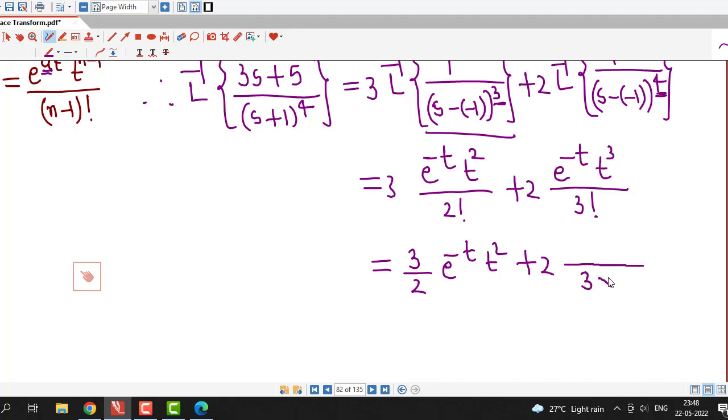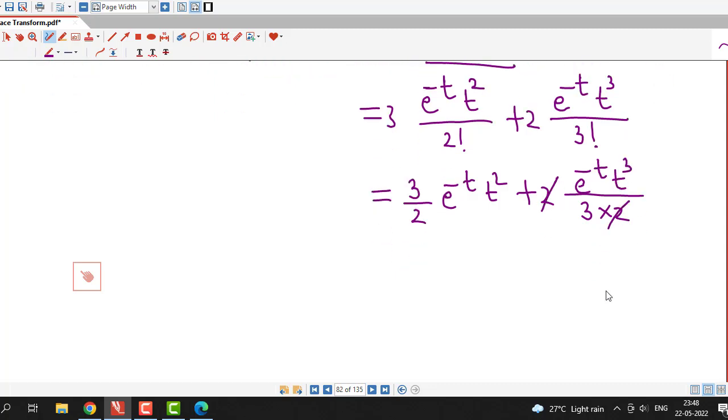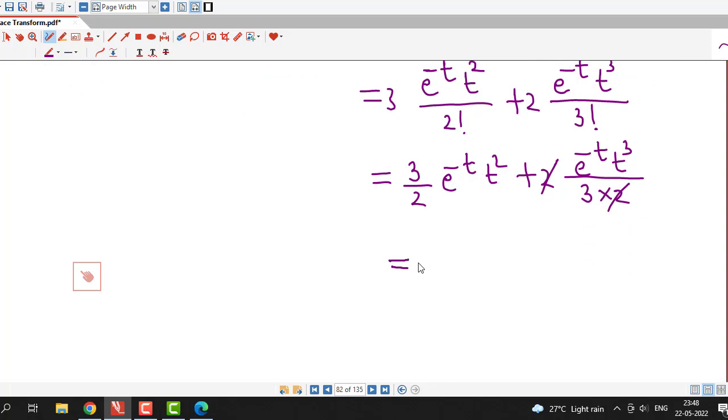3 factorial can be written as 3 into 2, and I keep this as it is, so this 2 will cancel out, and we can see e raised to minus t can also be taken common. We write one more step: 3 by 2 t square e raised to minus t, and here we are left with 1 by 3 t cube e raised to minus t.